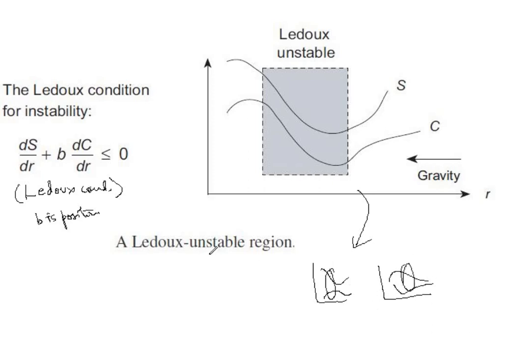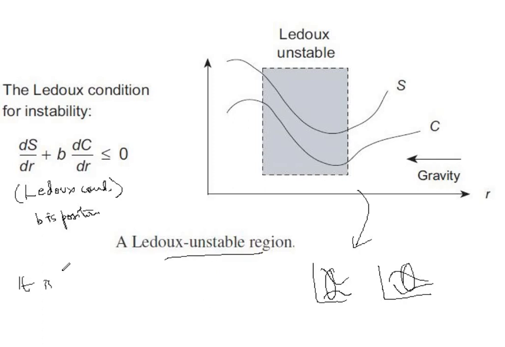Then in this case we will have to consider this whole condition, not separately. So the stability of the region is dependent on the relative sizes of the two terms.